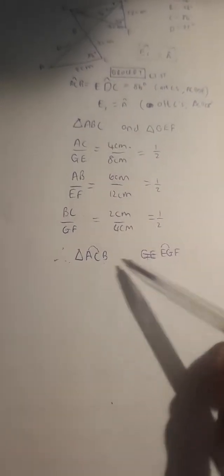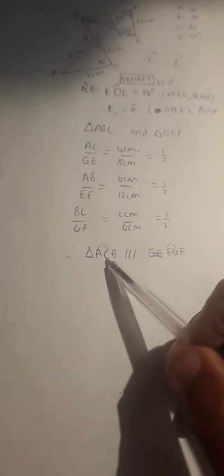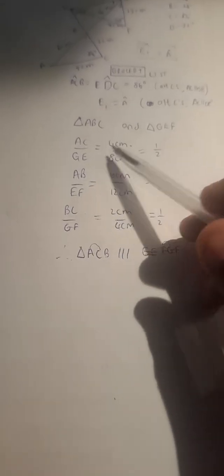Guys, look at this. AC over EG or GE. Aren't those two sides corresponding? I can then say similar. So AC over GE, the first two, the ratio is half. The AB and what?